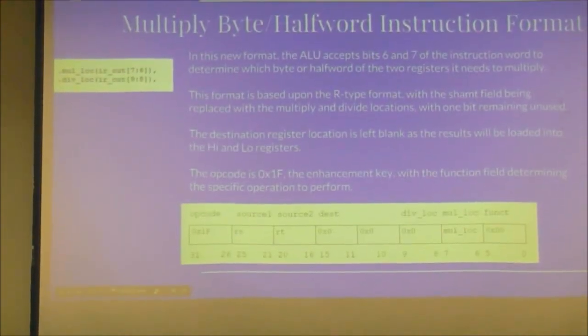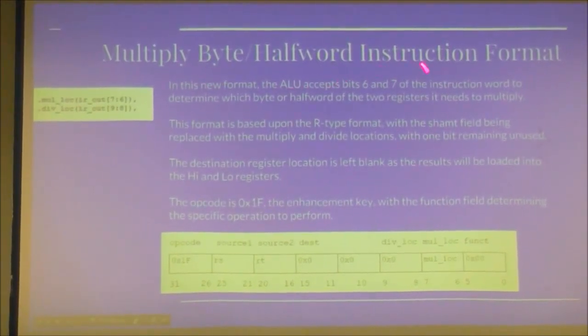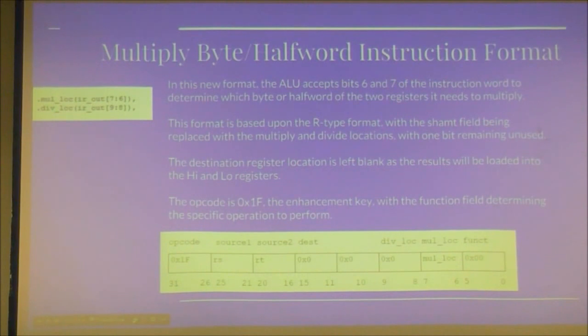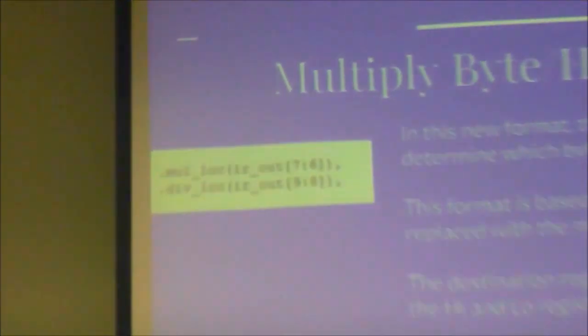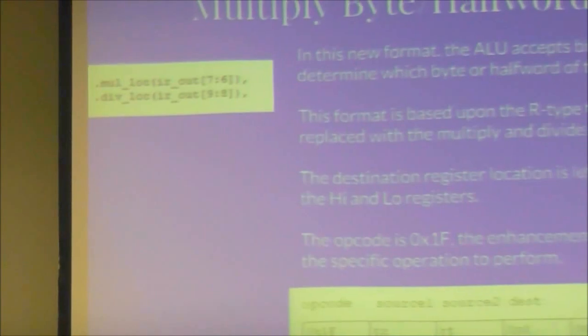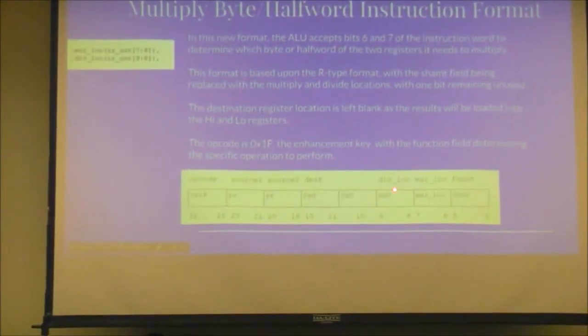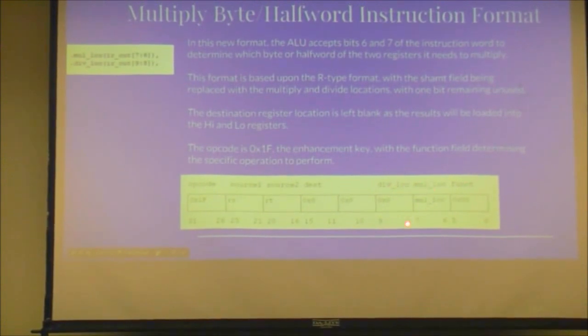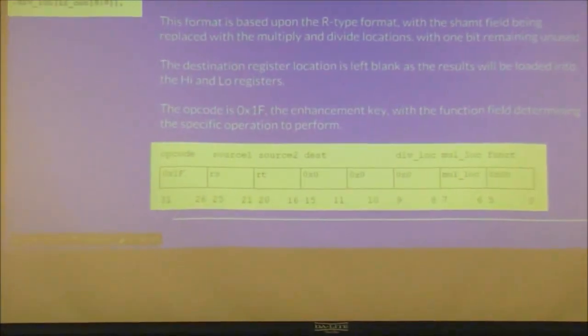And here is the multiply byte, multiply half word instruction format. In this format, the ALU accepts bits 6 or 7 of the instruction word to determine which byte or which half word of the 2 registers it needs to multiply. I based this format upon the R-type format, except you'll notice that the shift amount field has been replaced with the divide location and multiply location fields, with 1 bit remaining, which is unused.